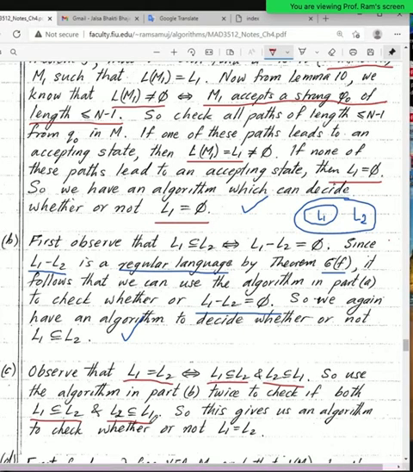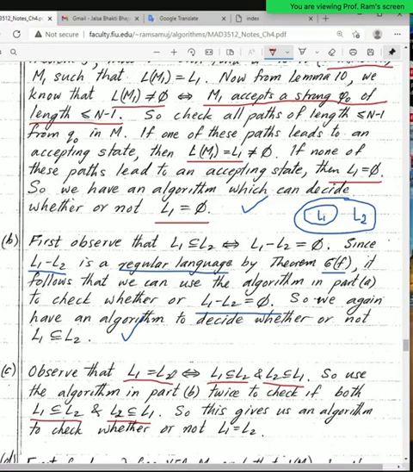So a machine can tell all of these things. You're thinking, man, that machine is good. It doesn't do proofs, but it checks if two things are equal, even though you give it a complicated description. Like you could give L1 as a right linear grammar and L2 as a regular expression, and you're thinking, is this right linear grammar equivalent to this regular expression?